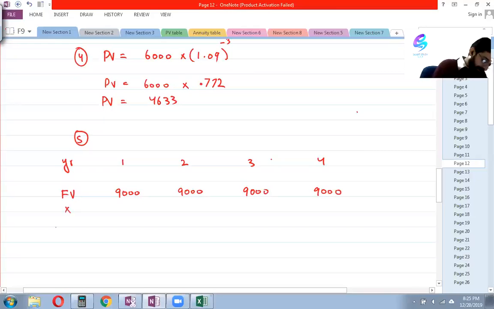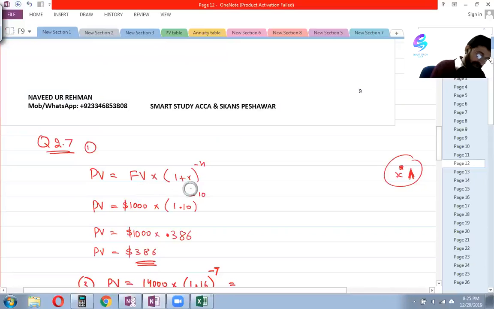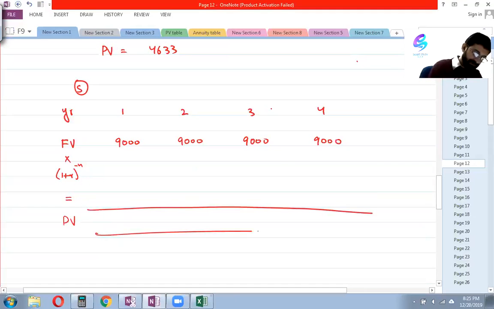And then I multiply with 1 plus r raised to the power minus n. And that will give you the present value. Of course, we can see that present value is equal to future value multiplied by 1 plus r raised to the power minus n. And this will give us the present values for all the years.